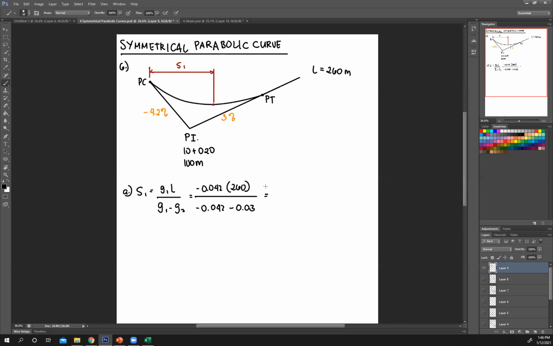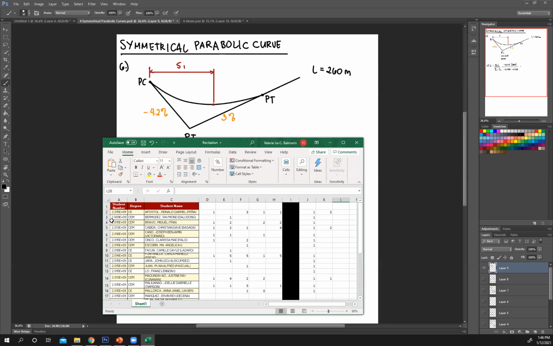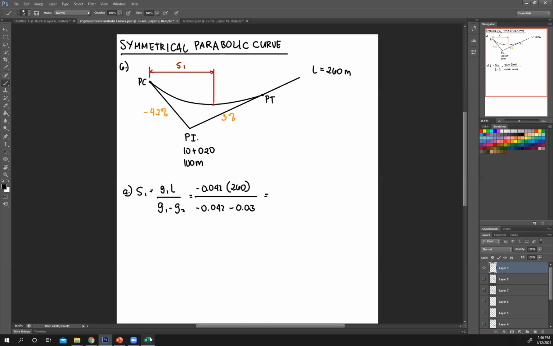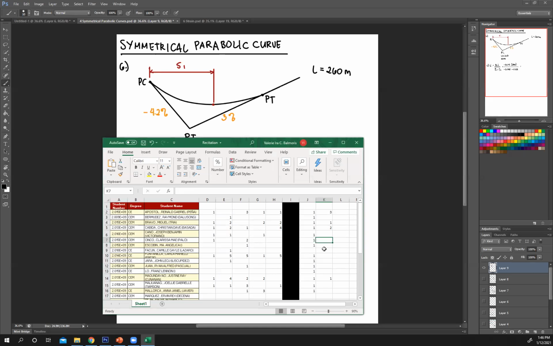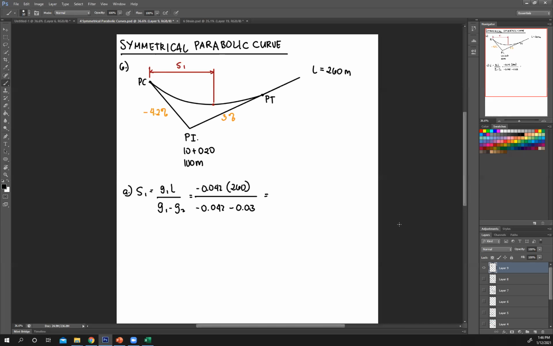Please solve. What's the answer? Correct, Miguel. It's 151.67. The others got it correct as well. So 151.67.